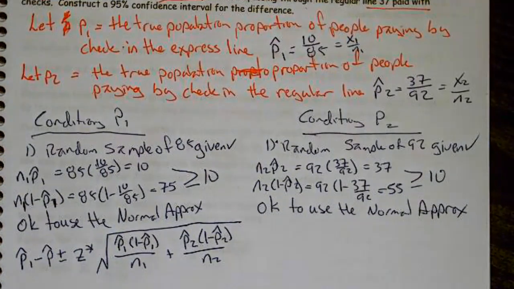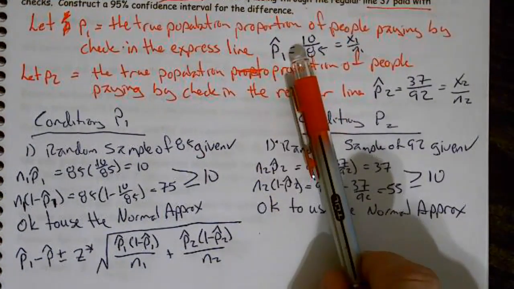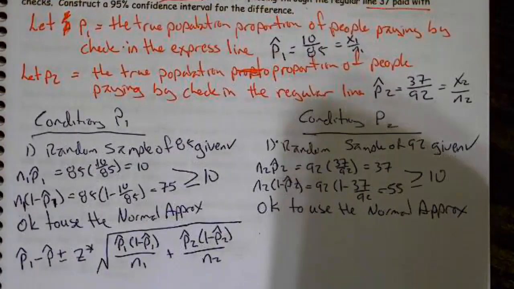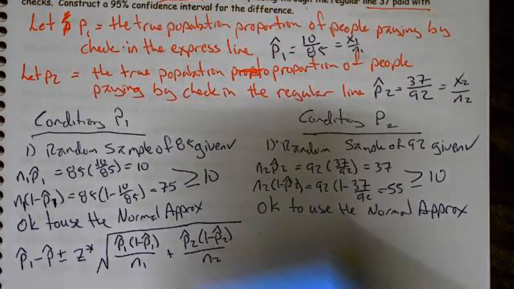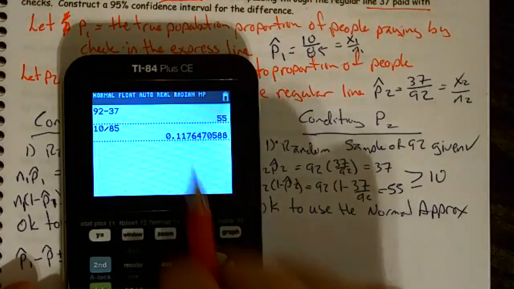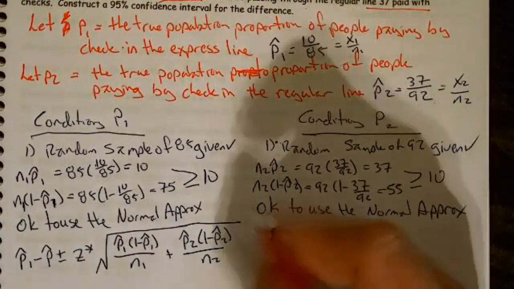And at that point, I can go ahead and plug in. Well, what am I plugging in? Well, P hat 1 is 10 over 85. And once again, you can turn this into a decimal if you'd wanted to. So I think I'm going to go ahead and do that. 10 divided by 85 is 0.1176. So I'm going to write down 0.1176.